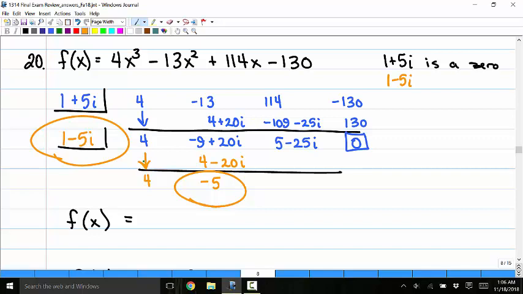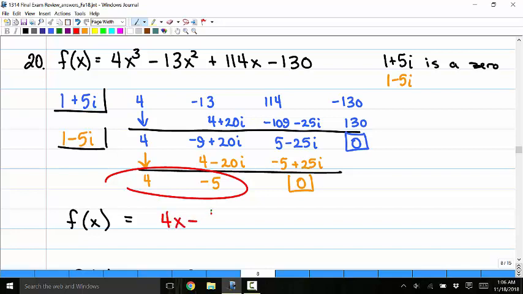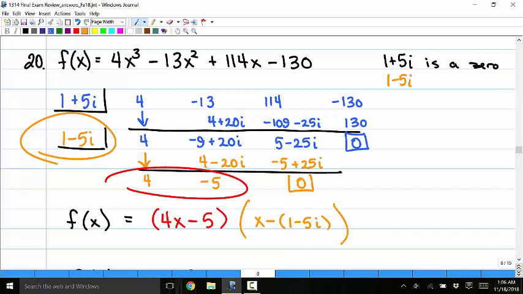Negative 5 times 1 minus 5i gives me negative 5 plus 25i. 5 minus 25i plus negative 5 plus 25i gives me 0. Okay, my factors. Here I get 4x minus 5 times x minus 1 minus 5i times x minus 1 plus 5i.